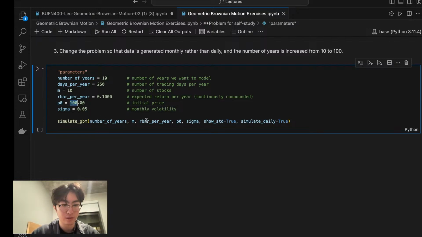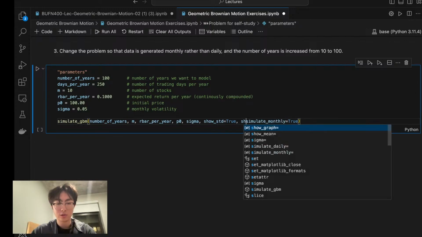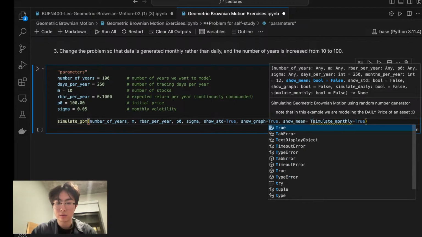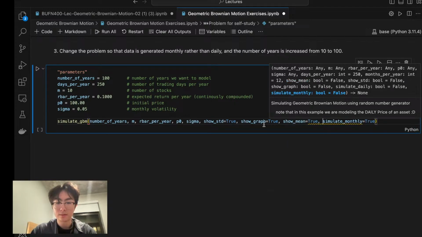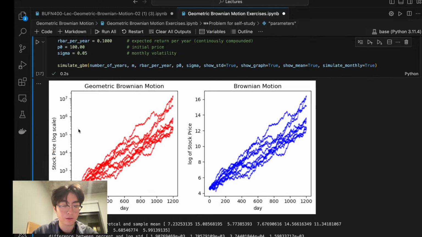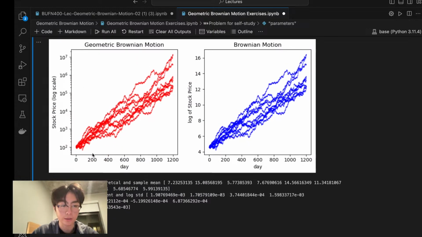And, okay, then simulate monthly is equal to true. That number of years becomes 100. So let's also show the graph is equal to true, and then show the mean is equal to true. Simulate monthly is equal to true. Okay, so let's see what this looks like now. All right.